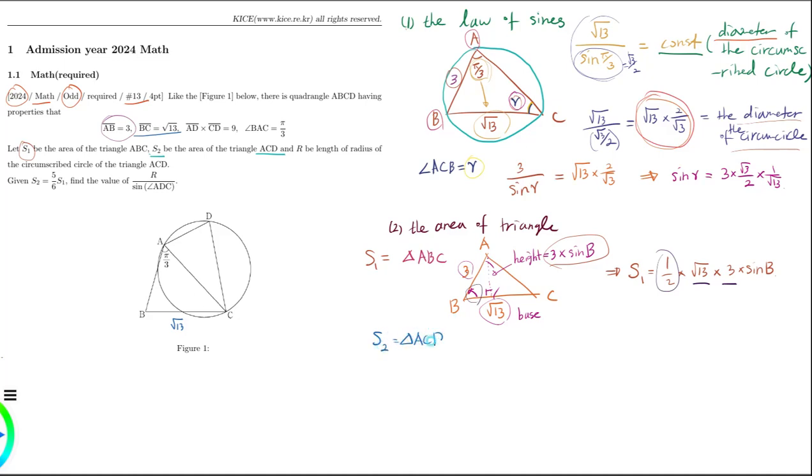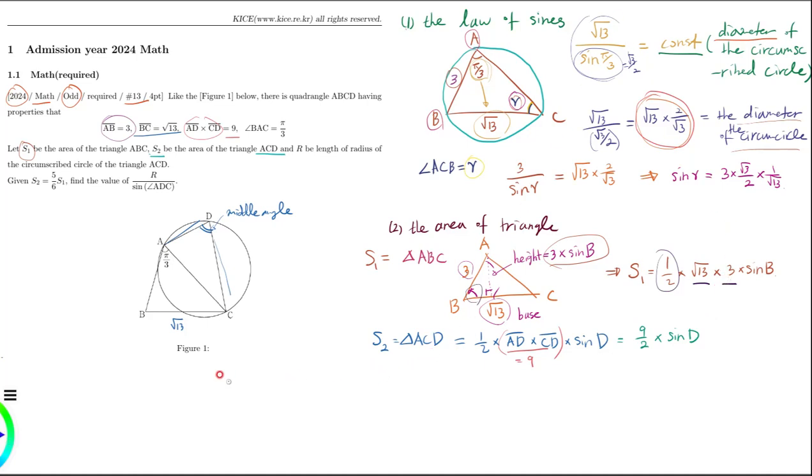Area of ACD, likewise, 1/2 times, I will focus on this middle angle, and then we multiply those two sides, AD times CD times sine of D. Since the product of the lengths AD times CD is given as 9, the area S sub 2 will be 9 over 2 times sine of capital D.